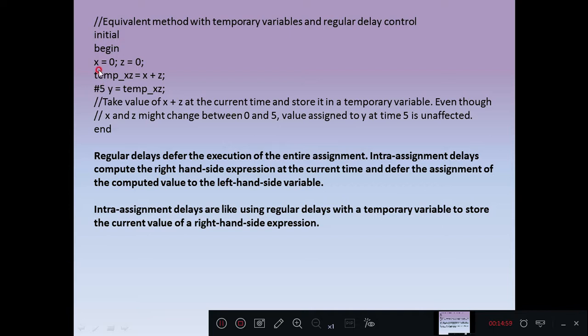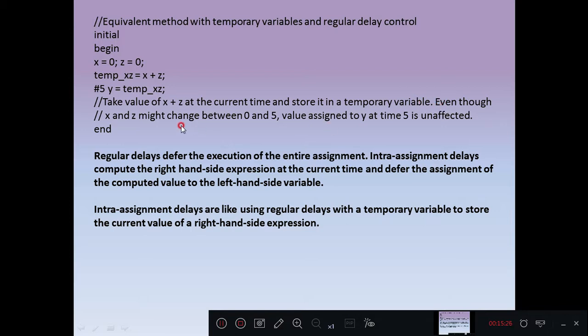See here, in the first three statements, delay is not mentioned, so one after the other these statements are executed: X equal to 0, Z equal to 0, and then the sum of X plus Z is assigned to the temporary variable, and that sum is assigned to Y after 5 time units. This takes the value of X plus Z at the current time and stores it in a temporary variable.